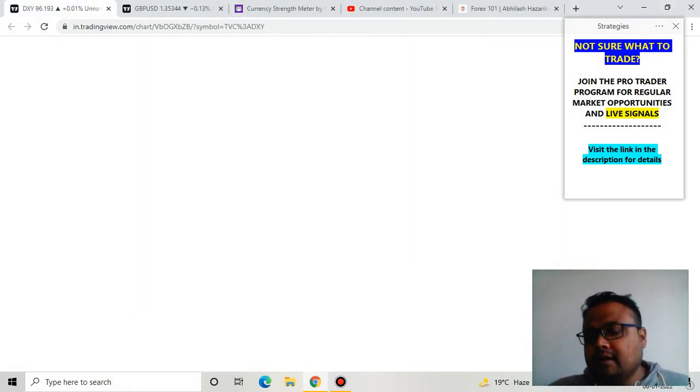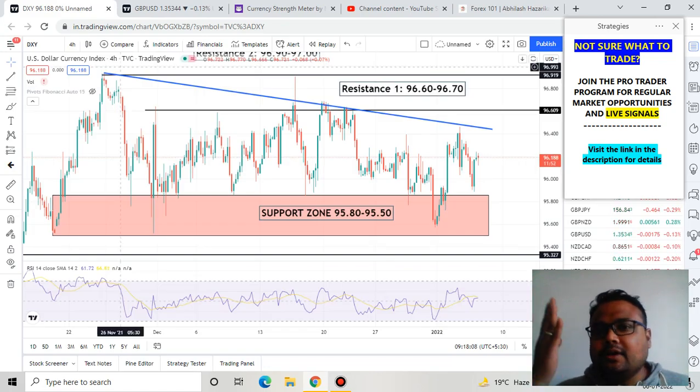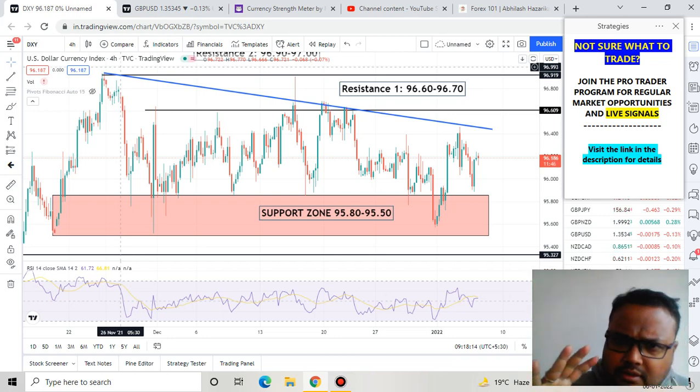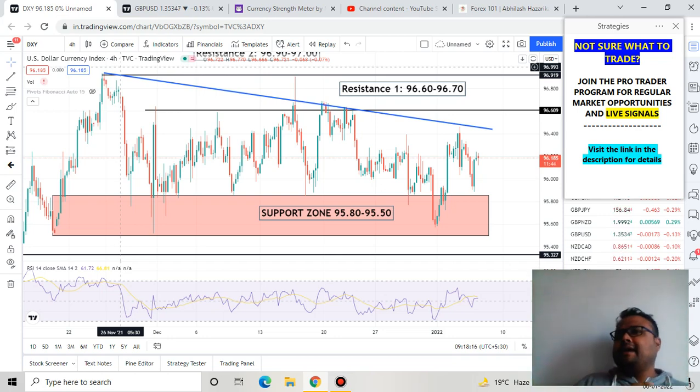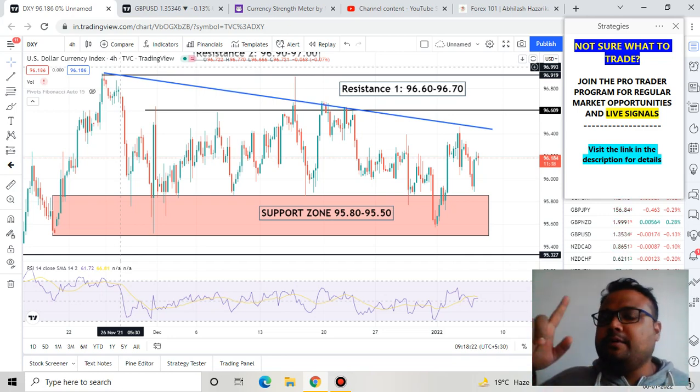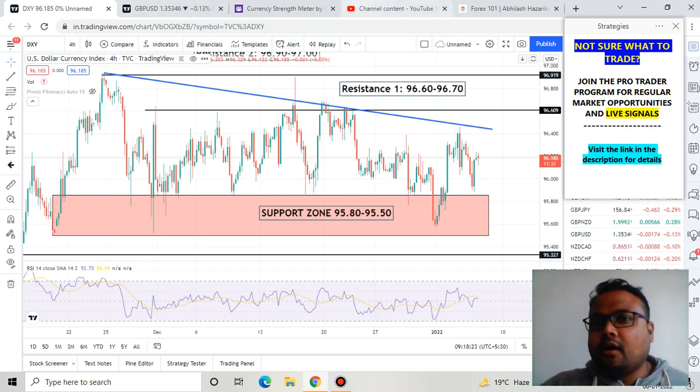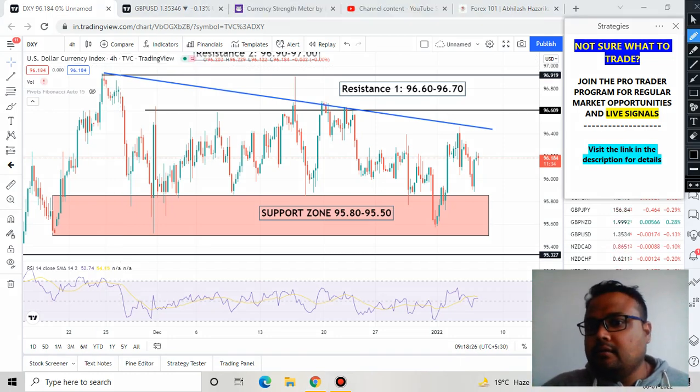If I take you to the chart of DXY, you can see that DXY is still sideways. As we know, if the dollar goes up, we see GBP USD going down in general, and if it goes down, we see GBP USD going up. If the dollar goes down, then this is the important support zone of 95.80 to 95.50.